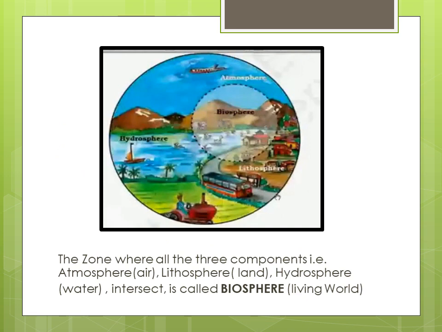Now, children, the last zone, biosphere, the zone where all these components, atmosphere means air, lithosphere means land, hydrosphere means water, intersect is called biosphere, means living world or where different life forms exist.